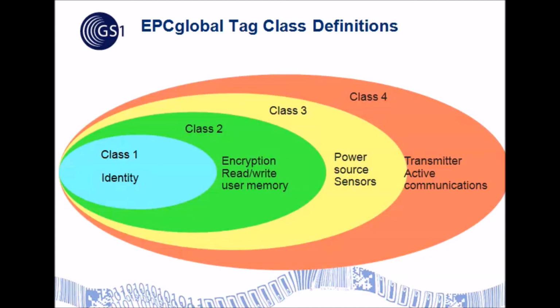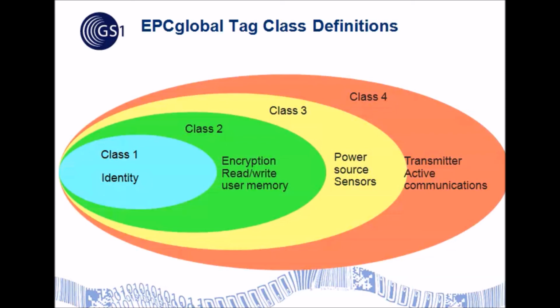So as the number of the class increases, it means the functionalities or abilities to do the communications will be more active. And these are the 4 types or 4 definitions of the tag class. Remember that the Class 1 and Class 2 both are passive RFID tags.